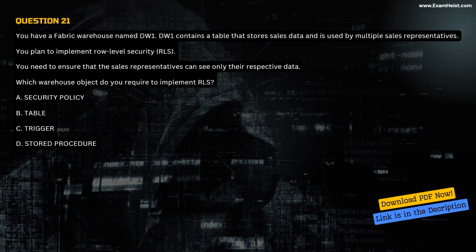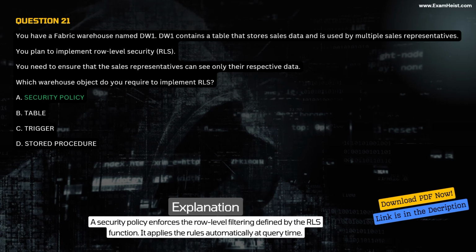A. Security policy. B. Table. C. Trigger. D. Stored procedure. Correct answer A. Security policy. Explanation. A security policy enforces the row-level filtering defined by the RLS function. It applies the rules automatically at query time.